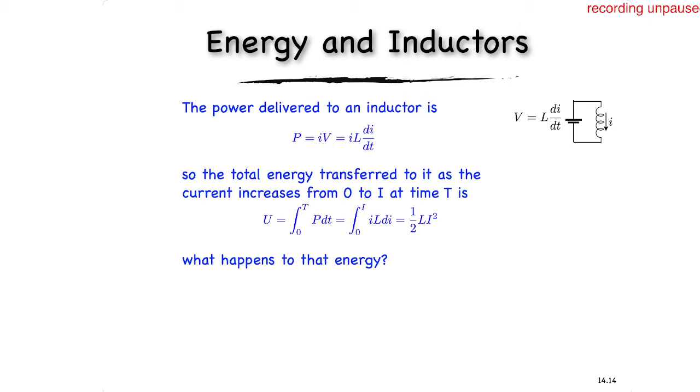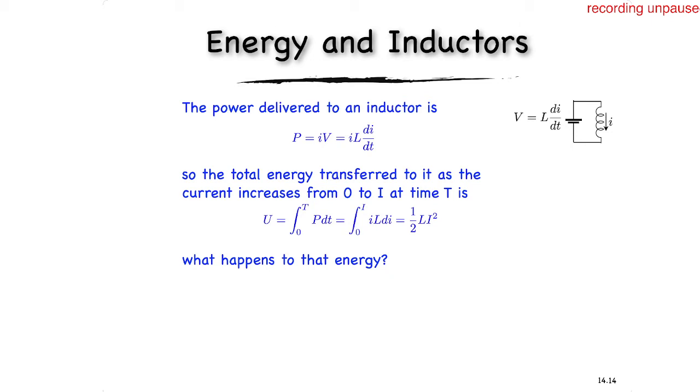So if I'm going to integrate over I, I'm going to go from 0 to capital I. That's the change in current in the time from 0 to capital T. And so integrating this, L is a constant, I gets integrated to I squared over 2. And I evaluate it at my limits. At capital I, I have one half L capital I squared. At 0, I have 0.